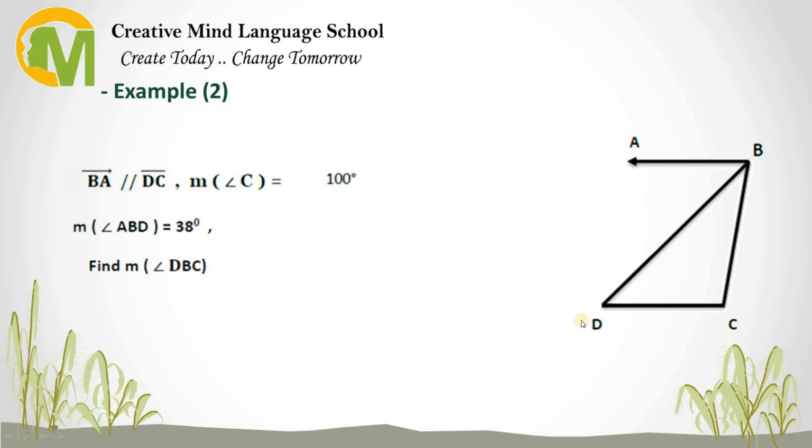Find measure of angle DBC. Then the given information is AB is parallel to DC, measure of angle C is 100 degrees, measure of angle ABD is 38 degrees, and they want us to find this angle.